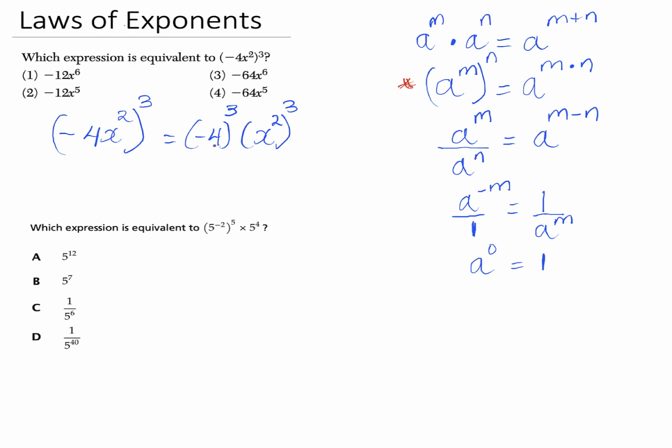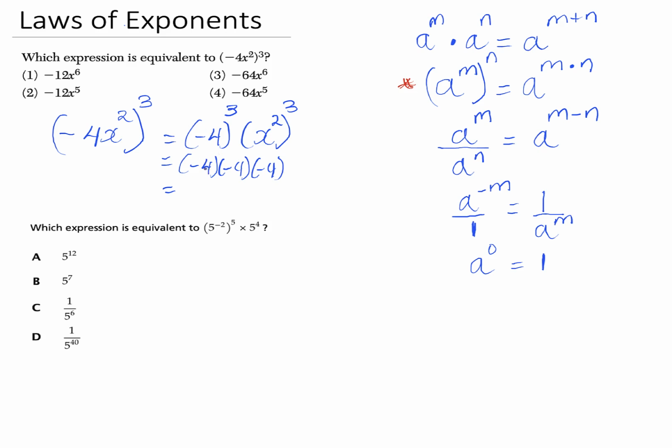Now, since negative 4 is an integer, you're going to have to do the math on that. And that basically means that negative 4 is going to multiply itself 3 times. Since your test is multiple choice, and suppose you couldn't use the calculator here, look at your answers.